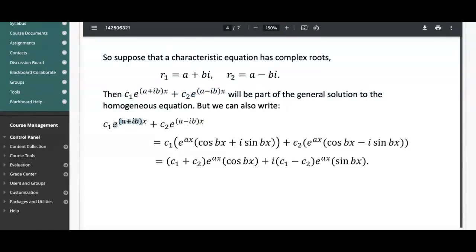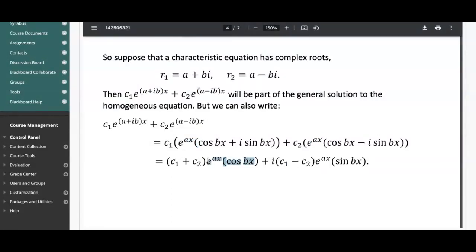Out of this one, we have e to the ax cosine bx, and to this one, we have cosine bx, with C2. So that's why we have this common factor of e to the ax cosine bx.